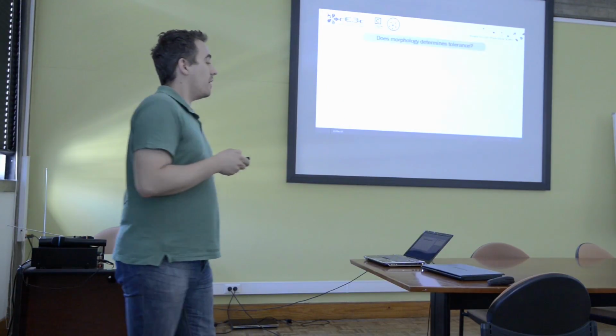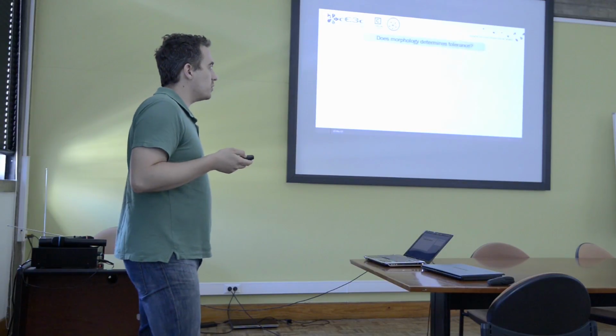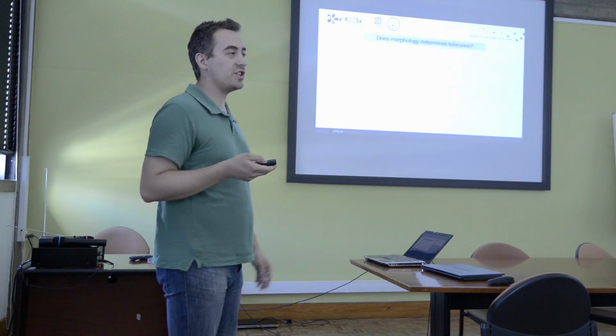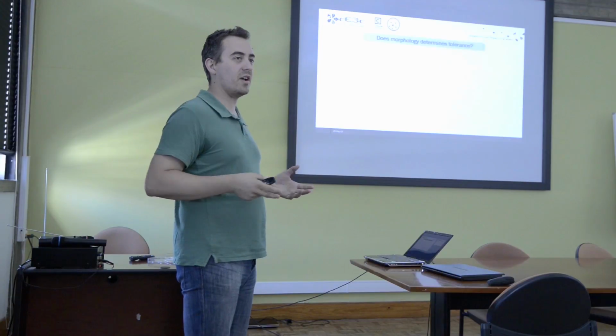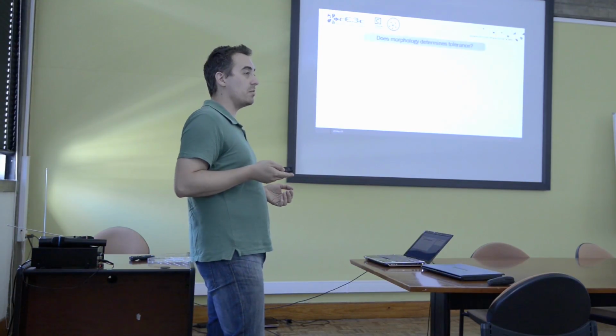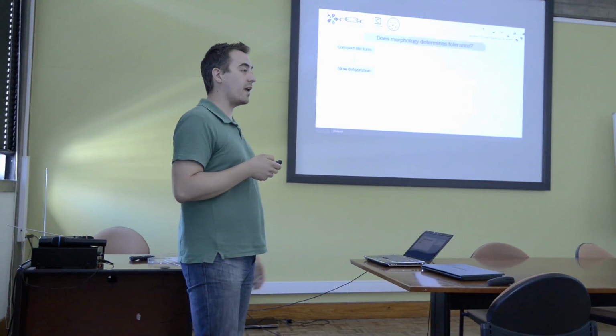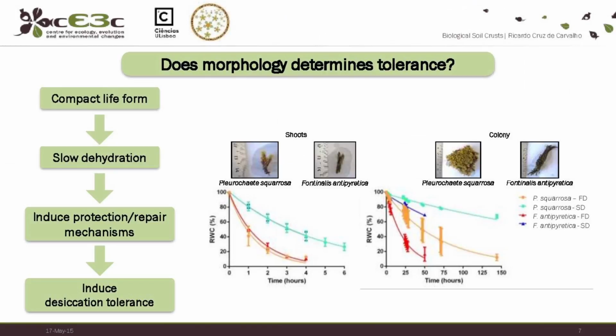So if the mechanisms are similar, it drove me to a hypothesis. Because different bryophytes have different morphology, different life forms, does morphology determine tolerance? Because a compact life form can in fact allow a slow dehydration and induce protection and repair mechanisms, and in fact induce desiccation tolerance.